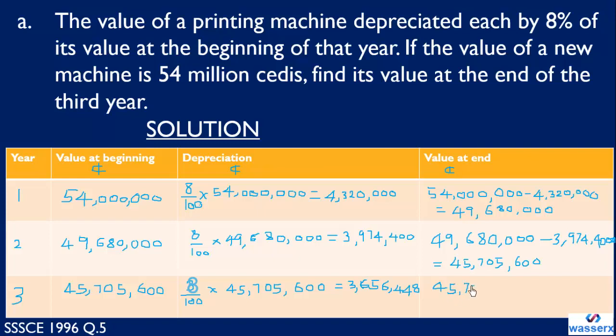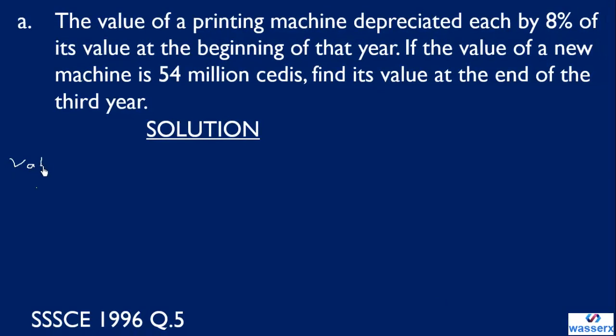So we now do our subtraction again, and this will give us the value of the asset at the end of the third year. So we subtract 3,656,448 from 45,705,600, and this gives us 42,049,152. Now we have this.